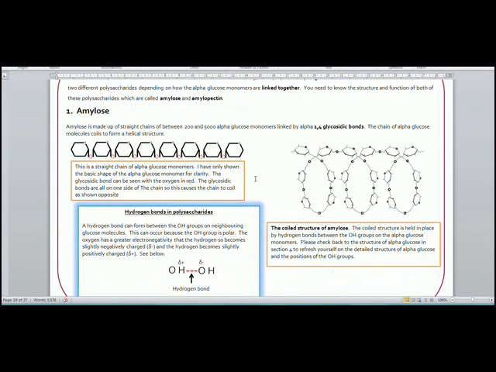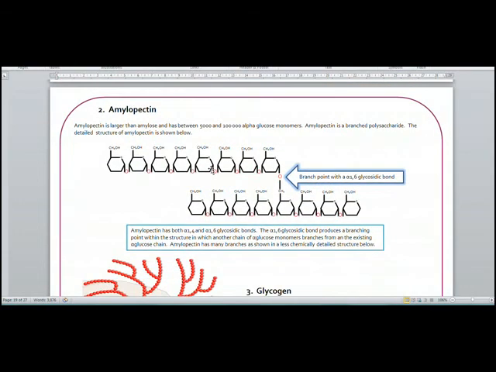In amylose you have just the 1,4 glycosidic bonds. There's the 1,4 glycosidic bond there. But in amylopectin, you have your 1,4 glycosidic bond there, shown by the red arrow, but you also have this 1,6 glycosidic bond there. Remember, wherever you get a 1,6 glycosidic bond, that represents a branching point within the structure.